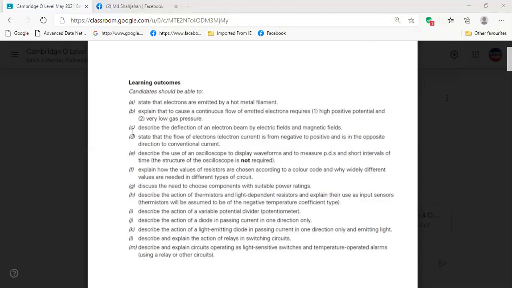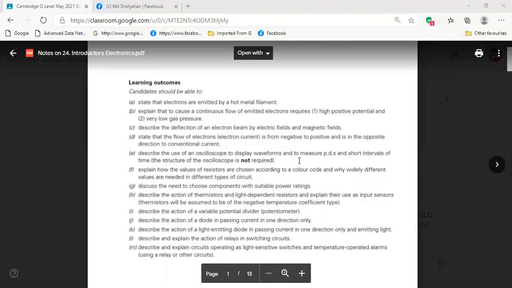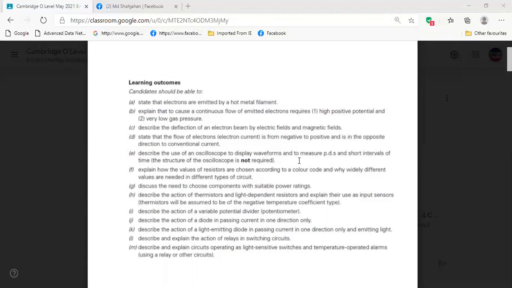Now learning outcome E, you also got a little bit of idea, like how to calculate the values from the oscilloscope reading. If you know the number of divisions and the time base in milliseconds, then you can get the value of the time period.